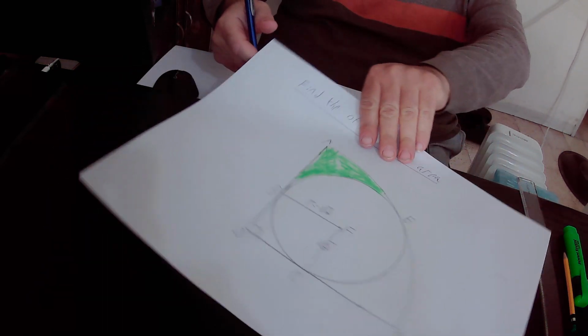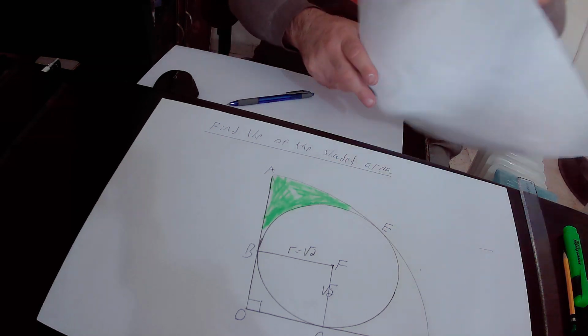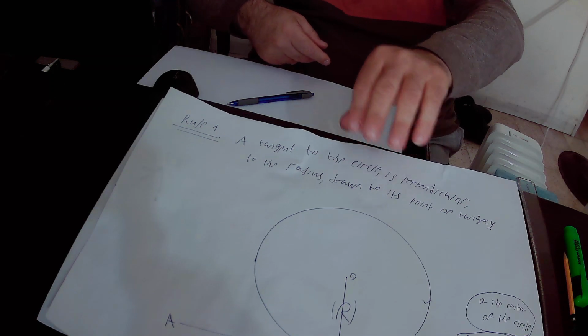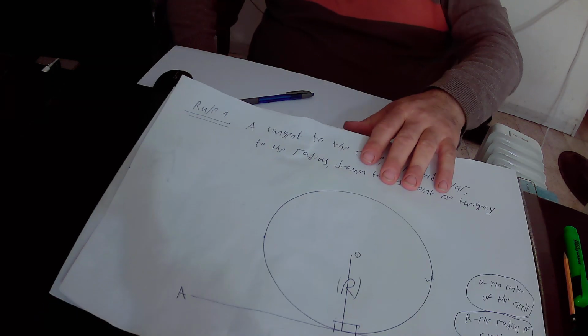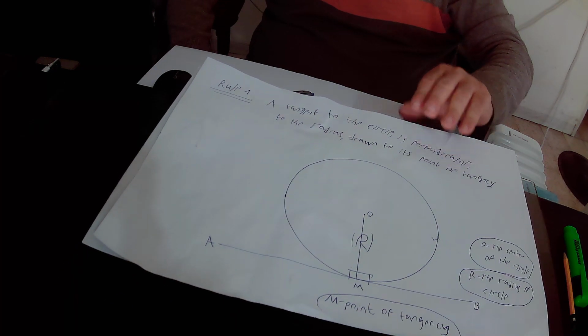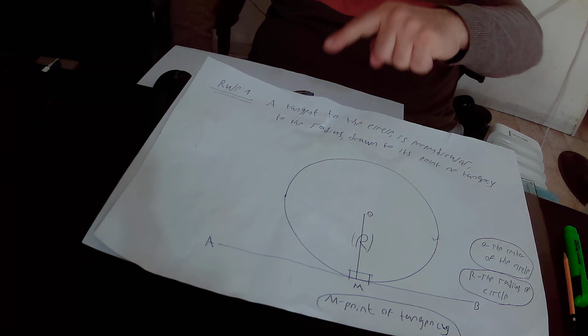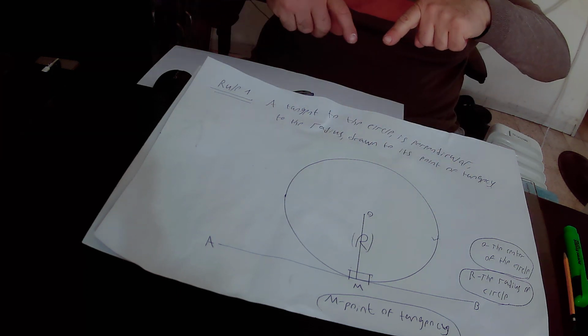I'll remind you quickly what rule 1 is. According to rule 1, a tangent to a circle is perpendicular to the radius drawn to its point of tangency. In the drawing we have a circle and we have also tangent AB.